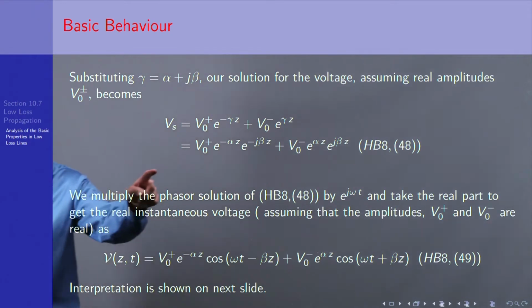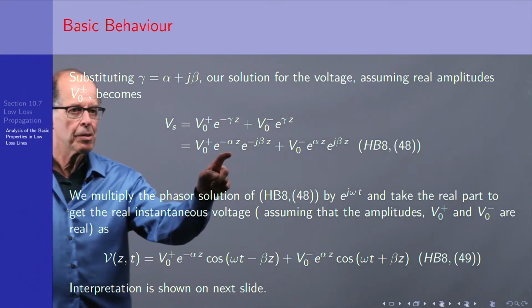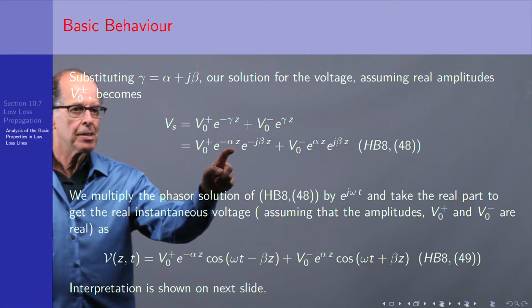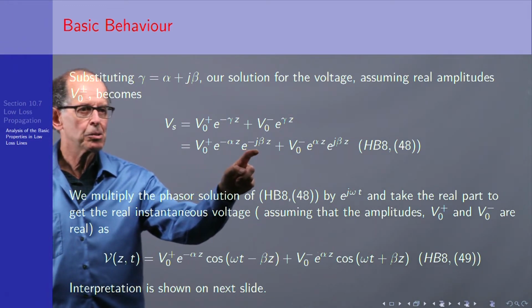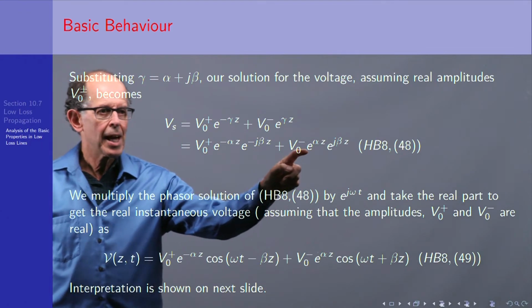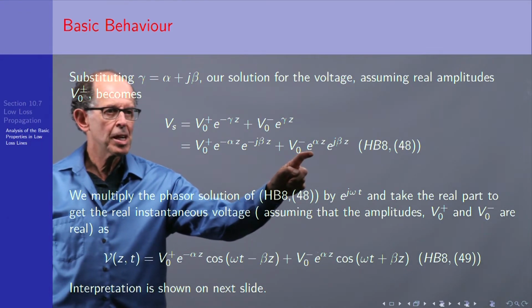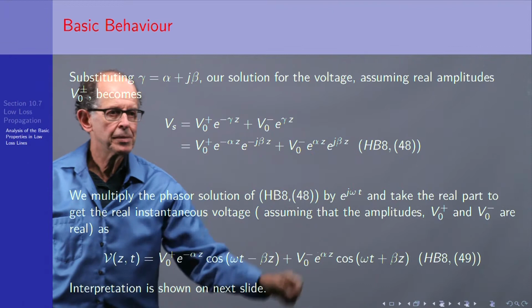And you can see right away here that you've got alpha z. So there's the alpha, that's decay, that's our usual j beta z. And here is the same going the other direction.